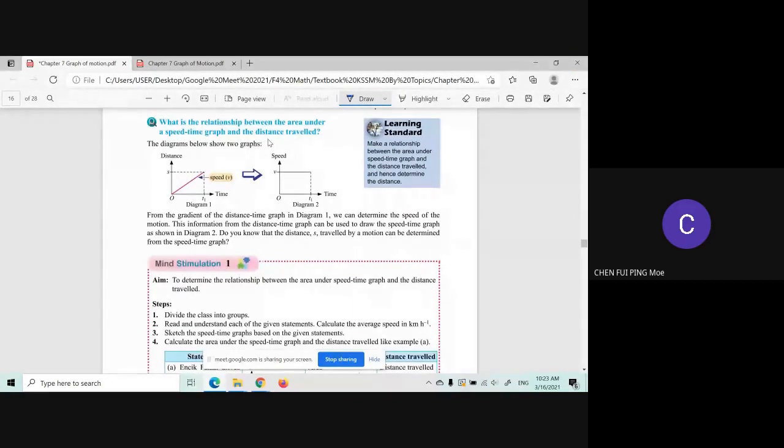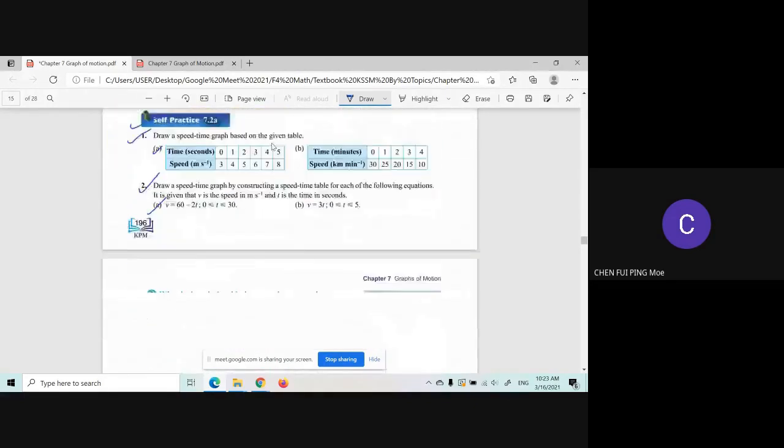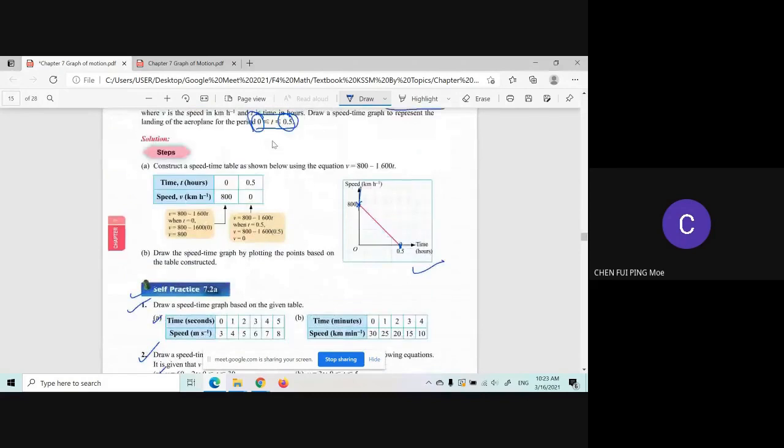What is the relationship between the area under a speed time graph and the distance traveled? Before I proceed, remember the graph just now: the y-axis is speed, the x-axis is time. The gradient for this, we call it acceleration. Similarly, this part is positive, this part is negative.